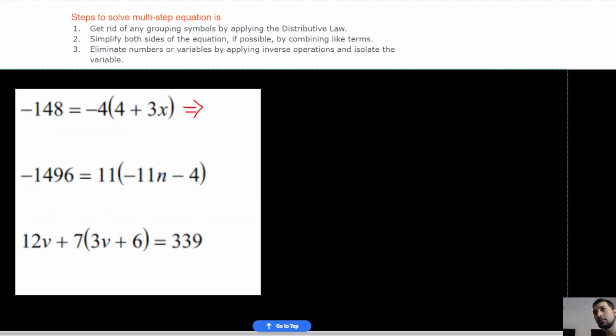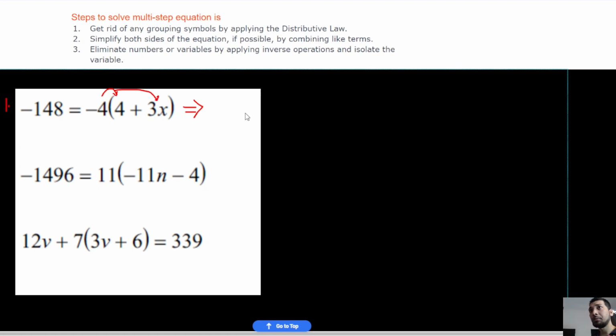Okay, let's look at these 3 problems over here. The very first one on the top, we have negative 148 equals negative 4, open parenthesis 4 plus 3x, close parenthesis. Now, the first step is we apply the distributive law to get rid of any grouping symbols such as parentheses or braces. We can distribute this negative 4 here.